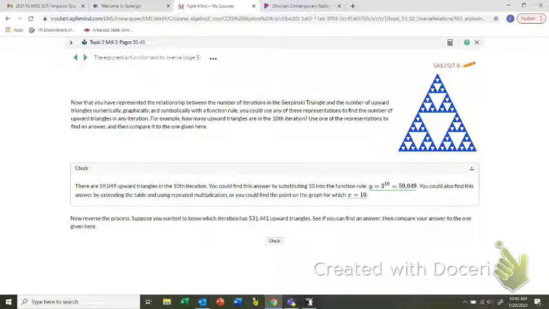All right, so we would write this function as 531,441 equals 3 to the n. Now, do we know how to solve that at this time in Algebra 2? Algebraically, no, we don't. I cannot just divide that by 3 because that n is in the exponent, okay?